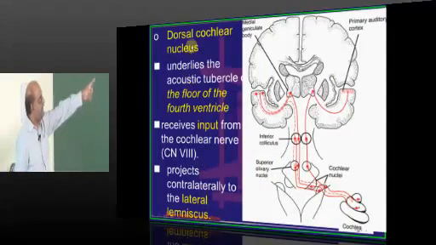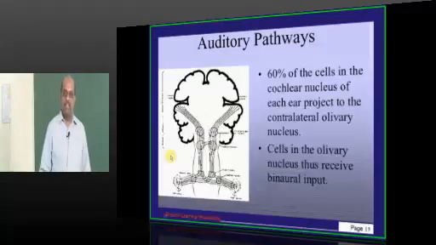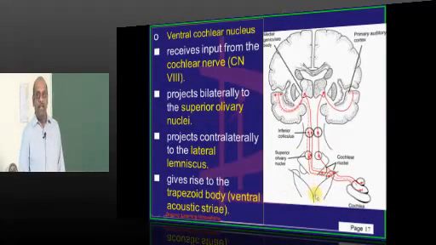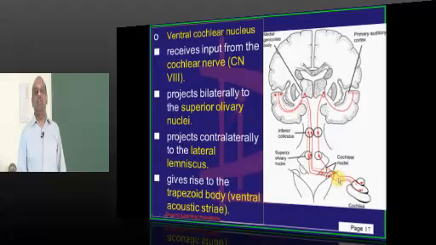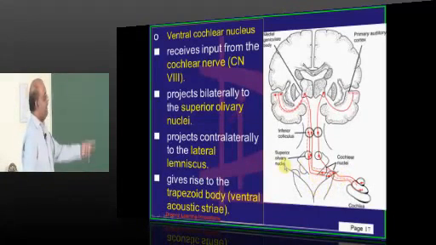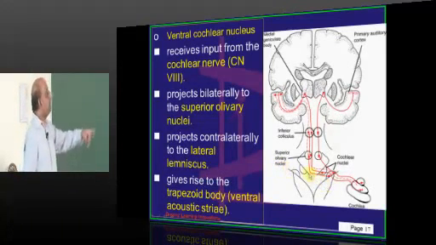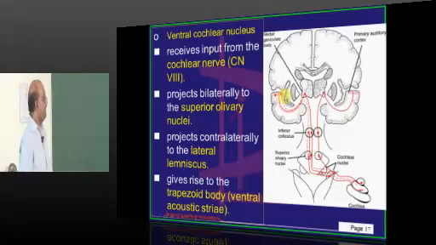The dorsal cochlear nucleus directly jumped and projected to the contralateral lateral lemniscus. The ventral cochlear nucleus is not like that. It will be projecting bilaterally to both superior olivary nuclei. Right? And in addition to that, it will also project to the contralateral lateral lemniscus.